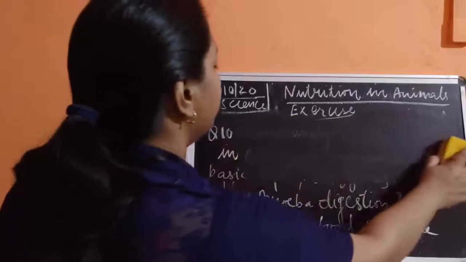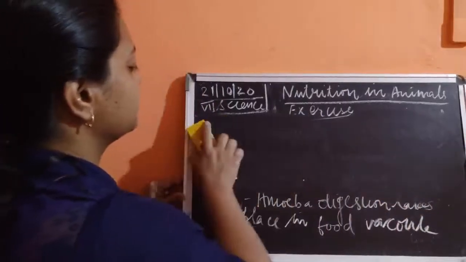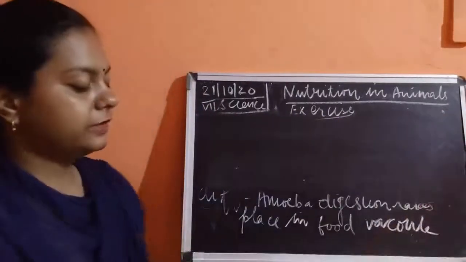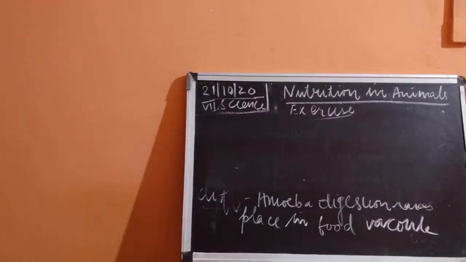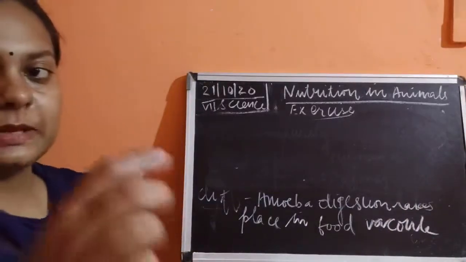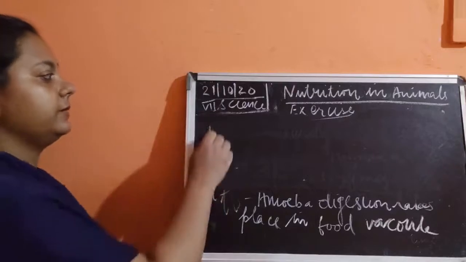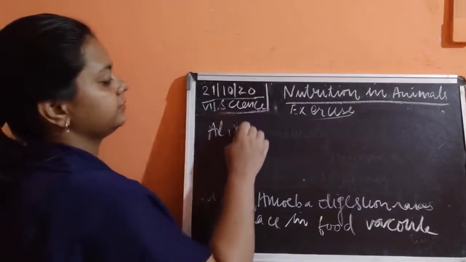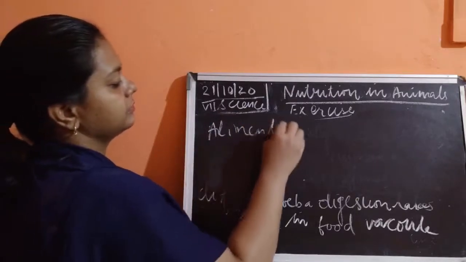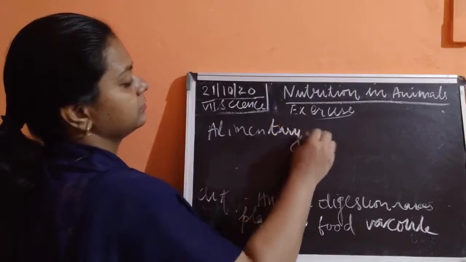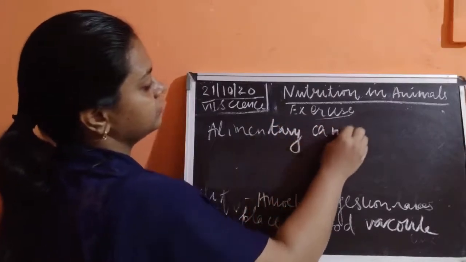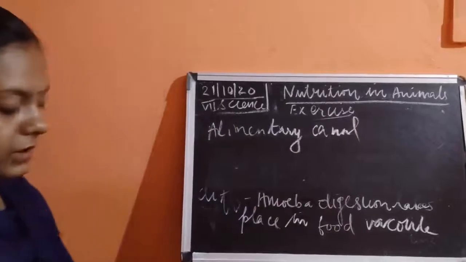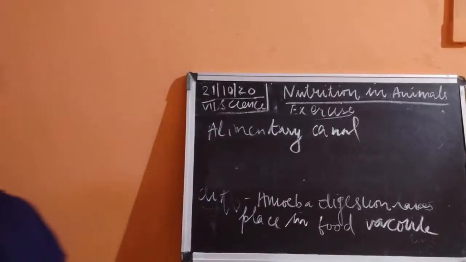Now, what could be more differences? So here, the first difference is digestion takes place in the food vacuole in amoeba. In human beings, it takes place in the alimentary canal. So here, the alimentary canal is required. Fine.